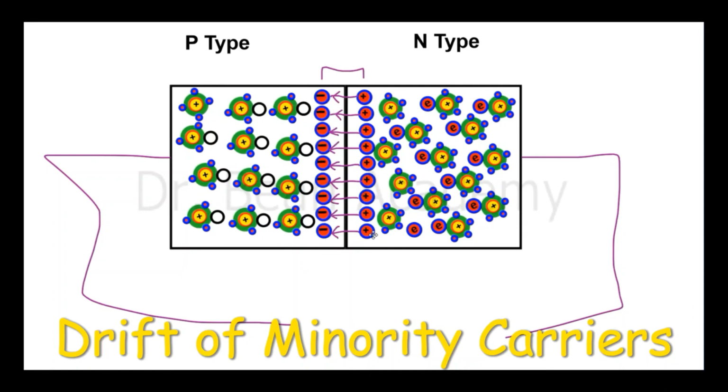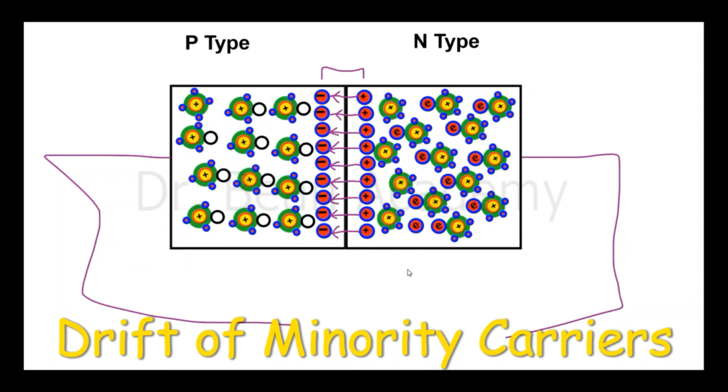You see, this current is because of this potential barrier or electric field itself. There is no external source which is pushing this electron towards the n-type. So there is a small probability that such free electrons on the p-type side, which we call minority charge carriers, can make their way to the n-type in this way.